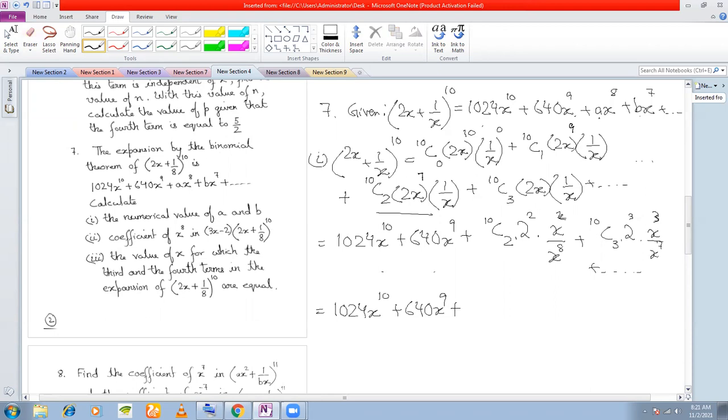Next power should be 8, and this should become square, and this power should be 7, and this power should be 3. So now this is okay. So let me just change the powers here. So you have 10c2, 2 to the power of 8 into x to the power of 8 by x square, and you have 2 to the power of 7 into x to the power of 7 by x cube, right?